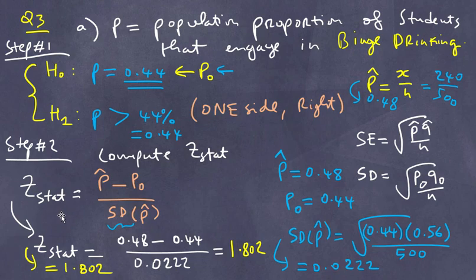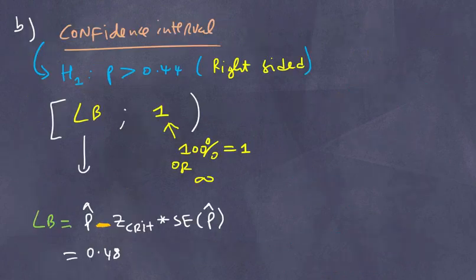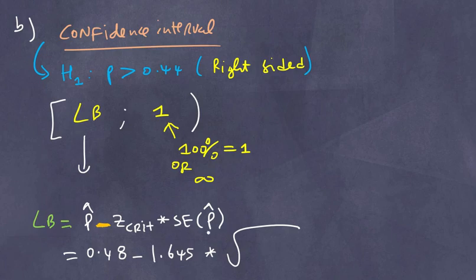Not the same thing. p hat is 0.48 minus 1.645 times the square root of 0.48 times q hat, 1 minus p hat, 0.52, divided by n. n is 500.